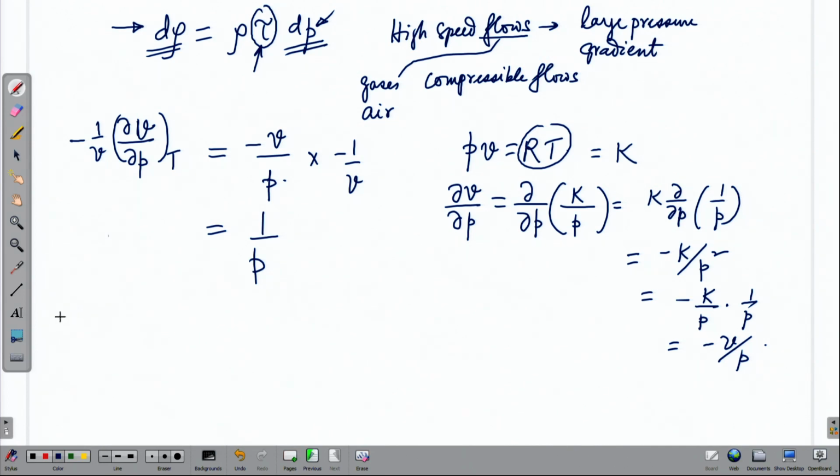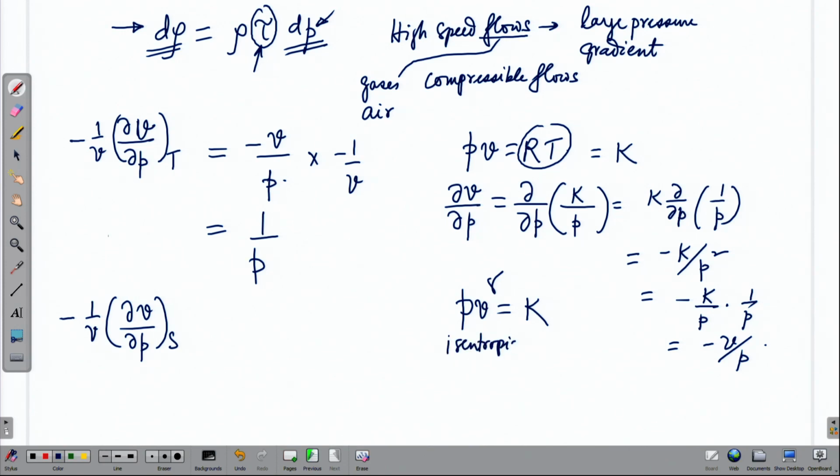On the other hand, when you are trying to work out the compressibility for an isentropic case, then it has to be for constant entropy, and then you have to invoke the state relation for isentropic process for an ideal gas, and if you have that, then you can express V to the power of gamma as K by P, and therefore, V is K by P to the power of 1 by gamma.